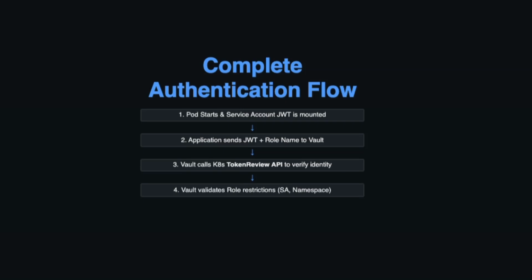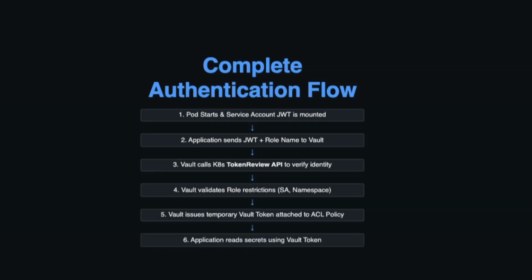Vault validates the role, namespace, and service account requirements. Vault issues a short-lived Vault token, and then the application reads secrets using the Vault token. This entire cryptographic dance happens in just a few milliseconds on startup.